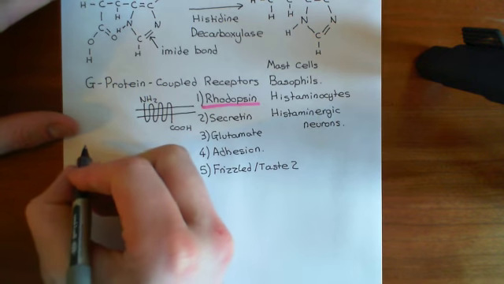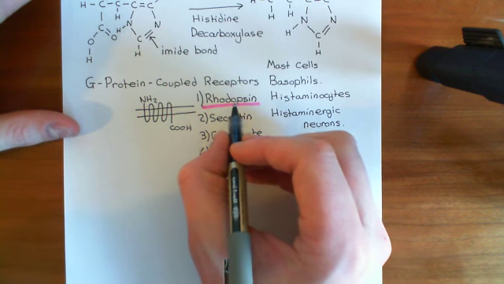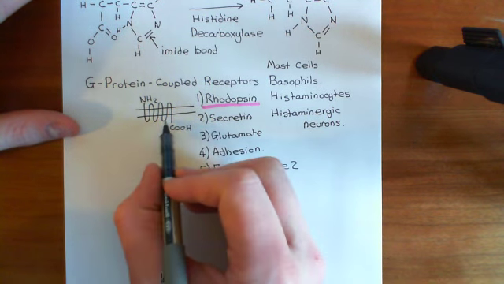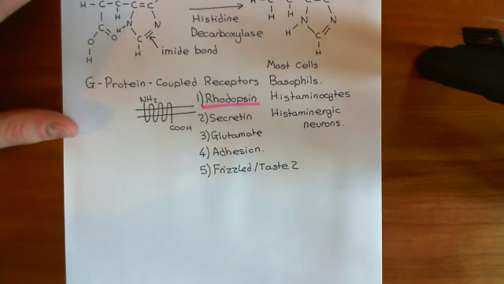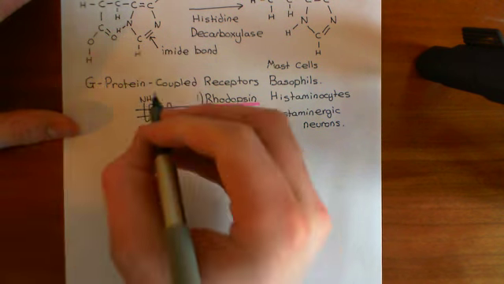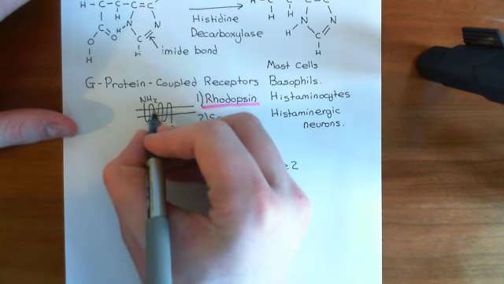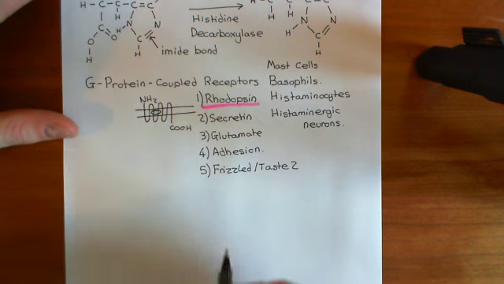Now what's special about rhodopsin family G-protein coupled receptors? Well, basically they have very small amino terminal domains and very small carboxylic acid terminal domains. The characteristic feature of rhodopsin family G-protein coupled receptors is where they bind their ligand. Basically the ligand binds to residues in the membrane spanning alpha helices.